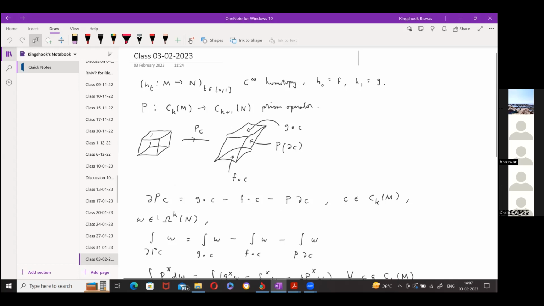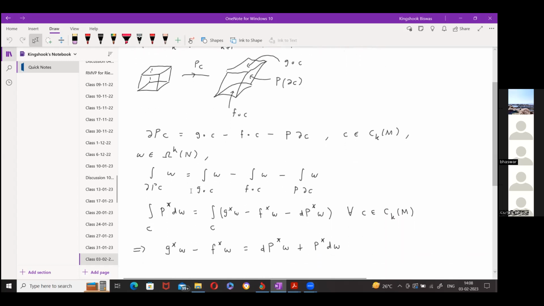So if I take omega a k-form on N, then the boundary of PC is a k-chain in N. Okay, so I can integrate omega over this. So the integral of omega over boundary PC will become the integral of omega over G composed C minus the integral of omega over F composed C minus the integral of omega over P of del C. Now, to this first term, I can use Stokes' theorem for chains.